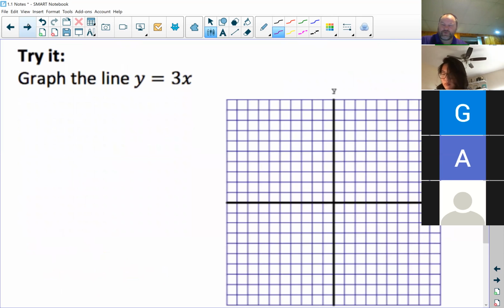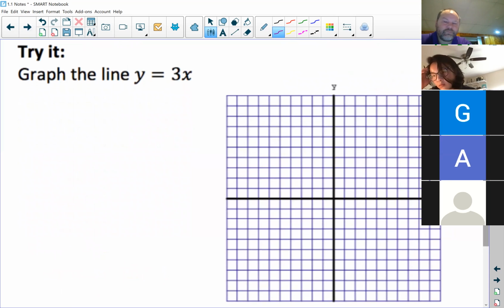All right, let's try this one. Graph the line y equals 3x. What is the y-intercept?